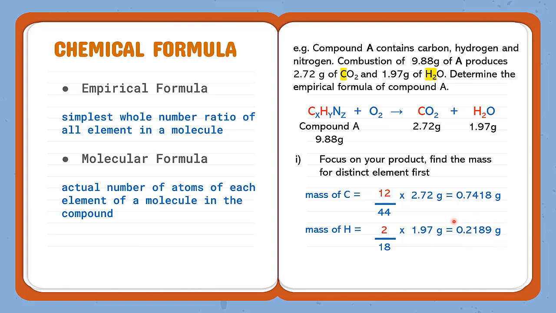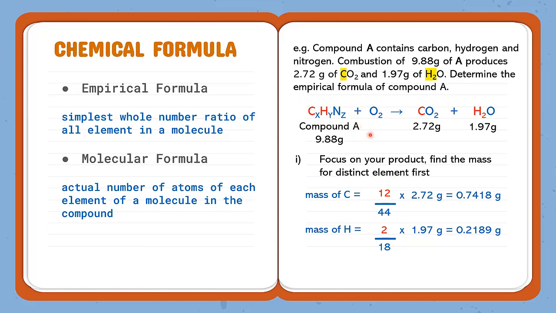Lastly is the nitrogen. Some might think the remaining from carbon and hydrogen will be the mass of nitrogen. This is totally out of context. You cannot simply put it in, because clearly there is no nitrogen present in both carbon dioxide and H2O. So don't bother to find the mass of nitrogen from the products.